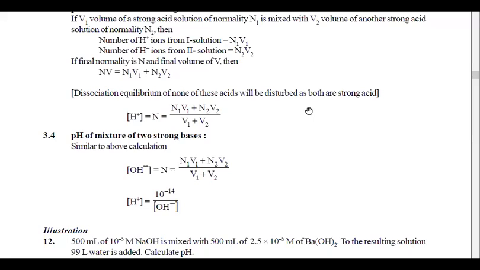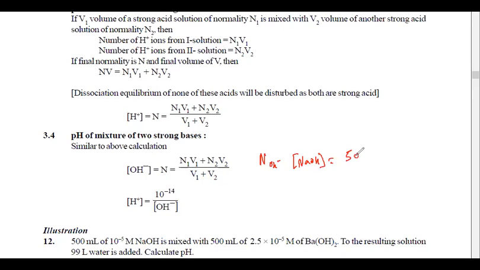Now think about this, right? So either you can calculate OH minus individually, which is OH minus because of NaOH. Number of moles of OH minus from NaOH is equal to what?